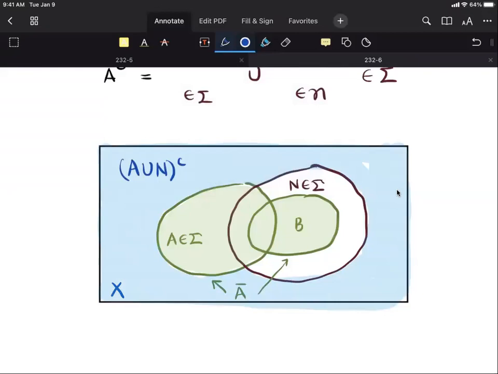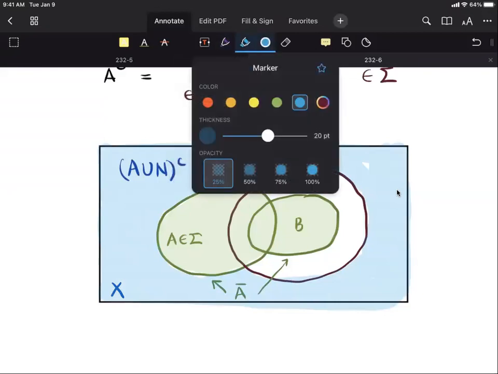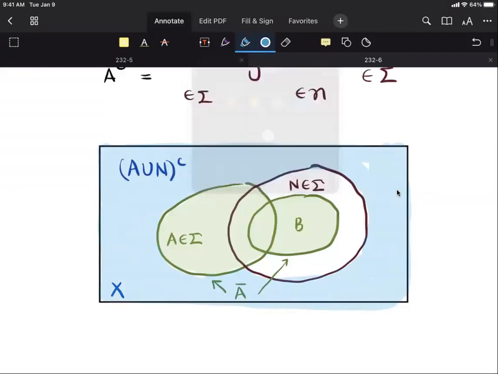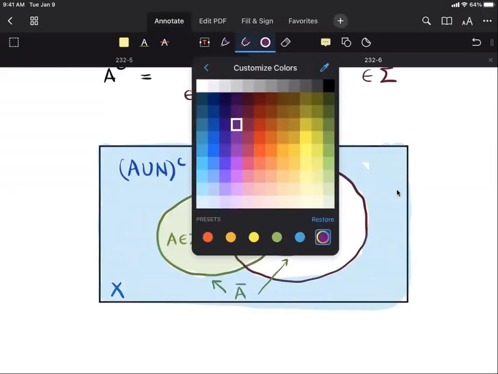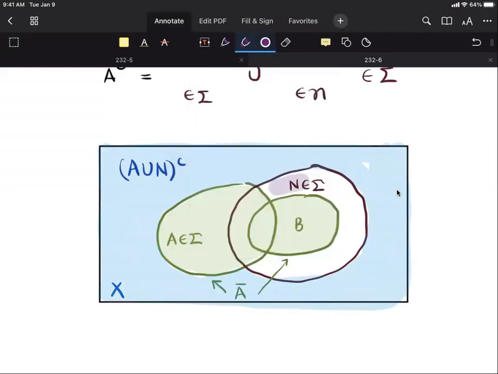And this other region here, let's change the color, this one.